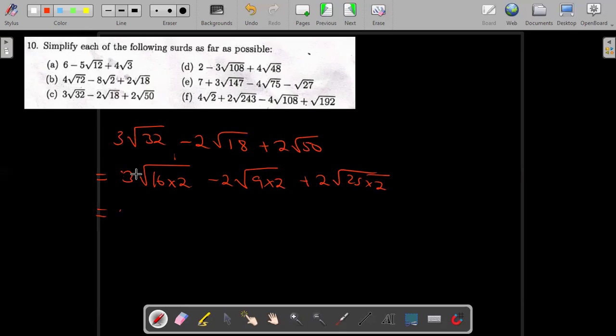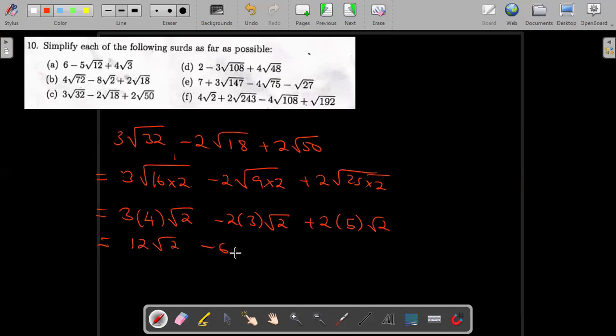So 3, the root of 16, the square root of 16 is just going to be 4. Then root 2 comes there. Minus 2 square root of 9 gives me 3. Then plus 2 square root of 25 gives me 5. Then I have square root of 2 there. Then I multiply that, I get 12 square root of 2. Then I get minus 6 square root of 2.